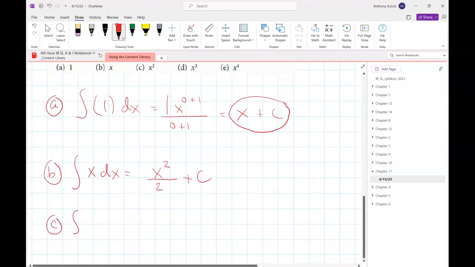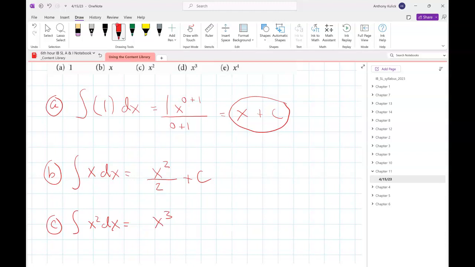You guys starting to feel like you're getting the hang of using this rule? How about if I do x squared? What should I write here? Over 3 plus c.